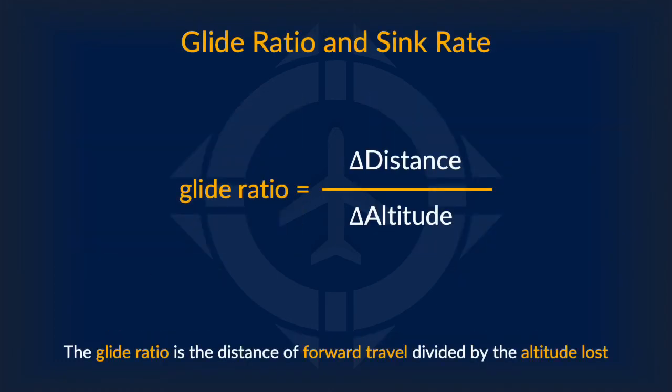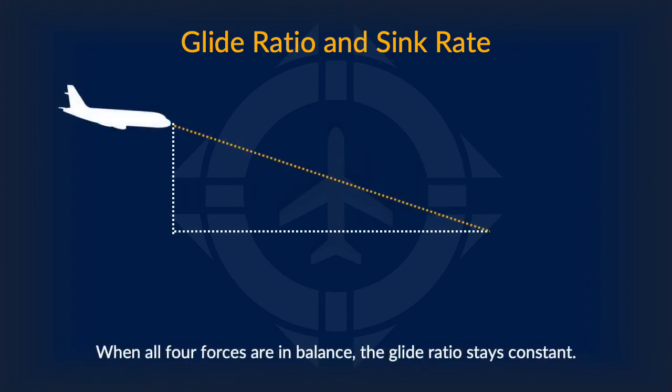Now we move on to some new terms. Glide ratio is simply the distance of forward travel divided by the altitude lost. A high glide ratio means that you move a long distance when your altitude changes, while a small ratio means you move just a small distance. When all four forces of flight are in balance, the glide ratio is constant.